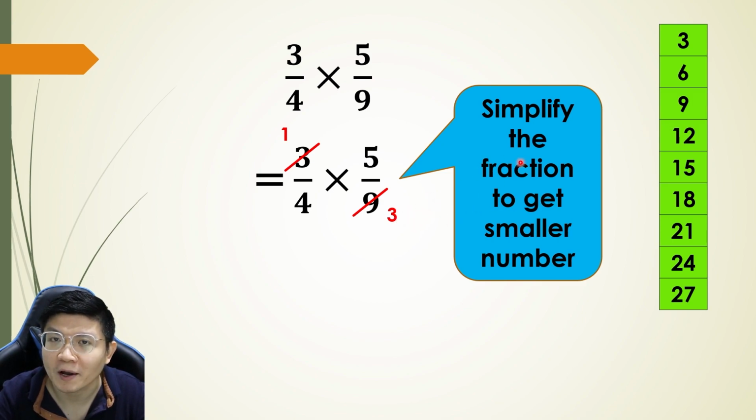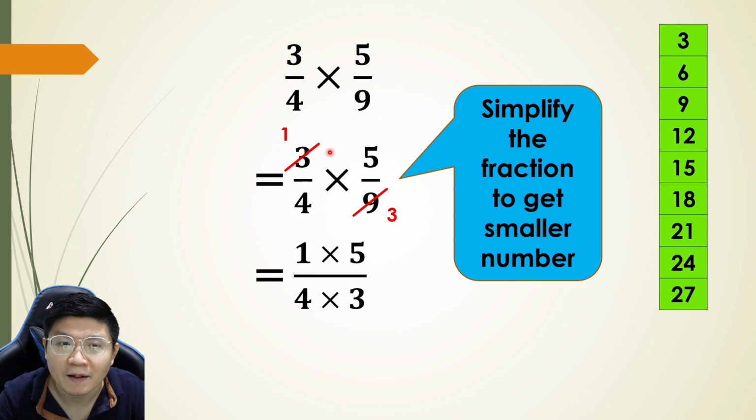Or I can say the location. In times table 3, 3 is actually number 1, and 9 is actually number 3, the third, right? Therefore, 3 here. After that, it is 1 times 5 here. So the bottom is 4 times 3, right? The denominator. And here, 5 over 12, the answer.